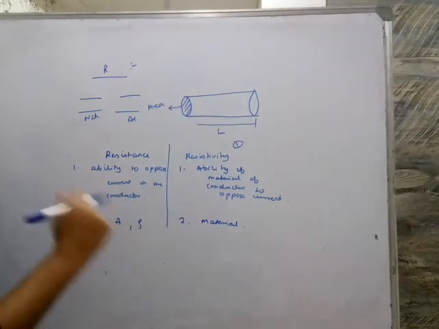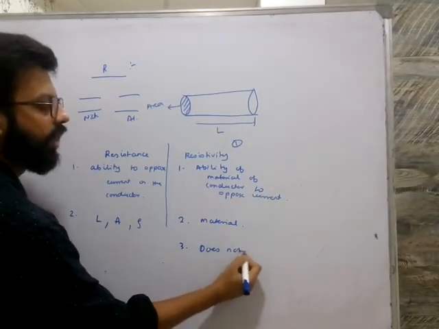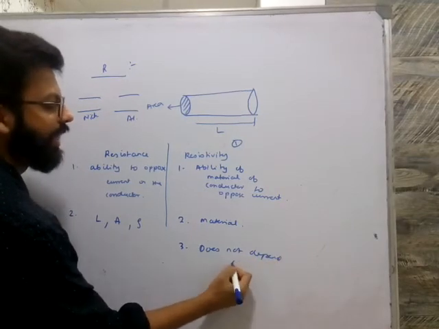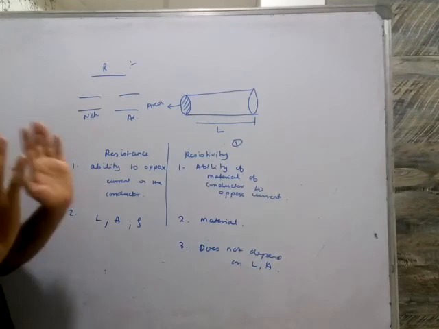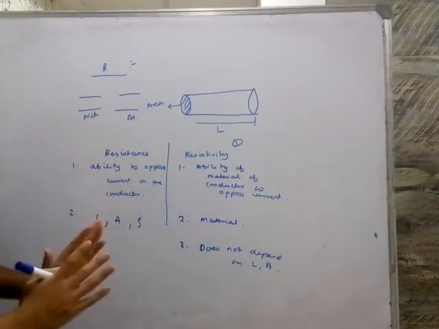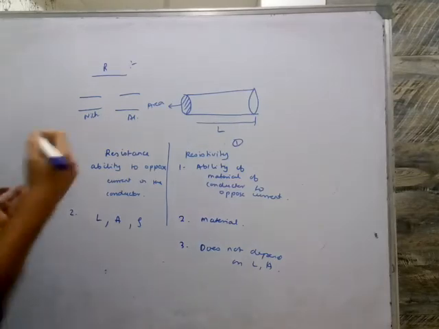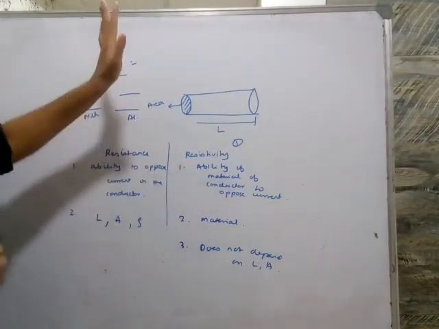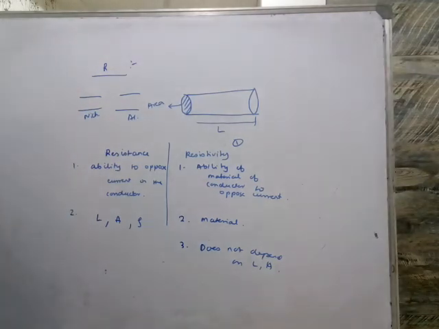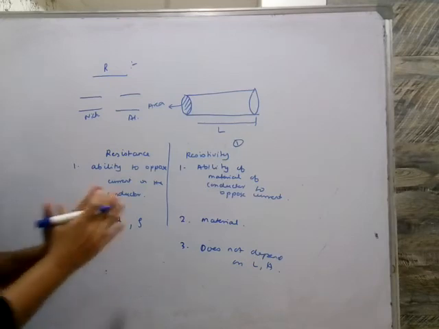Resistivity does not depend on length and area. It only depends on the material, whether it is silver, nichrome, or aluminum. You can take any length and area you want, but it will only see whether it is silver or aluminum, and then how much is my capacity to resist the current.